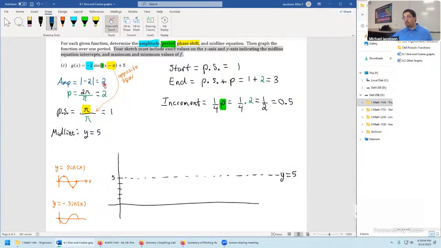Now, amplitude gets involved in an interesting way, right? The amplitude tells you how high you go up from whatever the midline is. And this time, it's not the x-axis. So if the amplitude is 2, we go up to 7. We just add 2. That's going to be the maximum of the plot. And we go down to 3. So that's the new thing. If you think about it, we didn't do anything too different on the last problem.